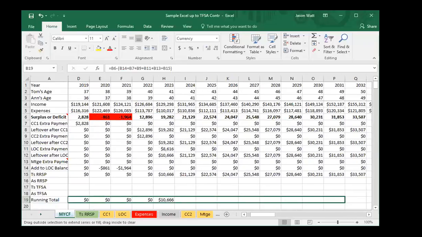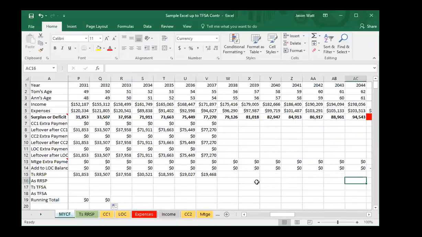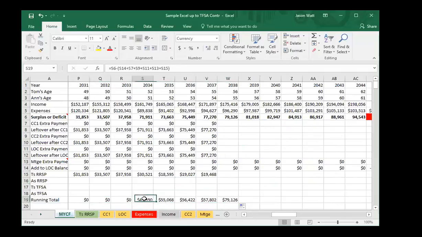And it should be zeros all the way across, but it's not going to be. We're going to get to a point where Tom's RSP room runs out right here at age 52. In 2034, that's where we've got basically Tom maxed out on his RSPs.